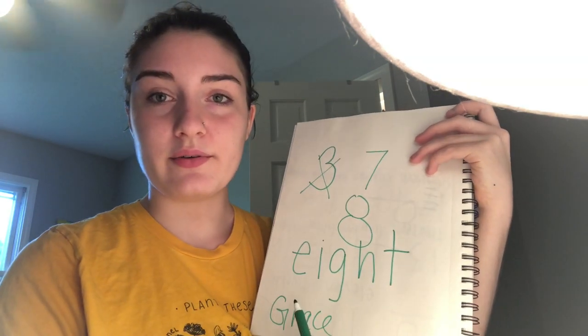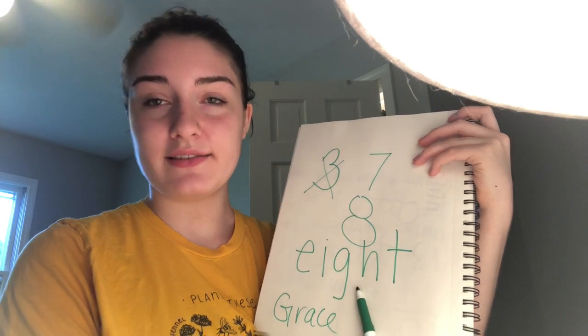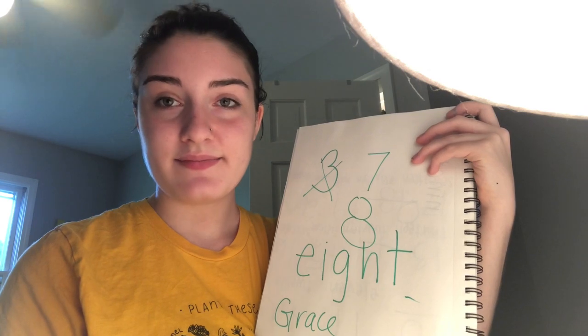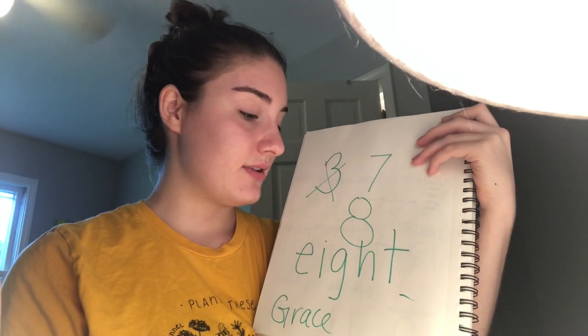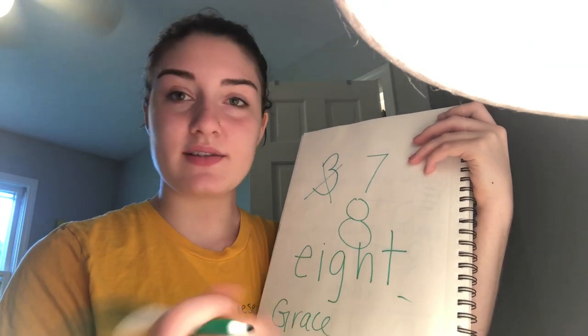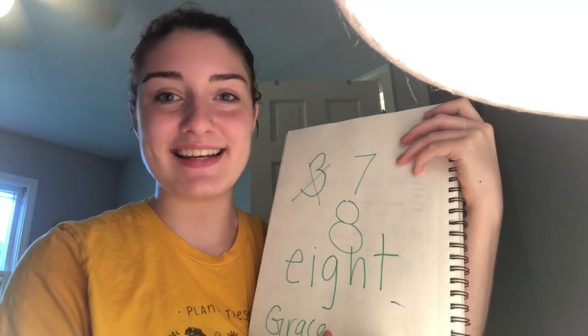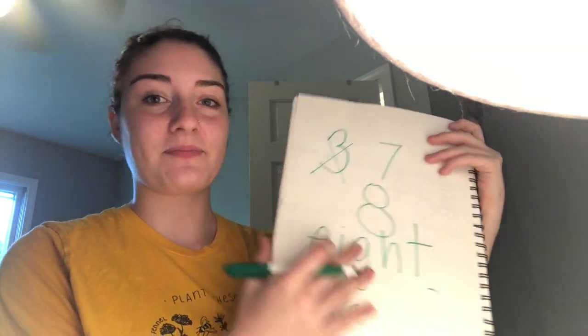So in the spelling of the number 8, the letter G is silent. So 8 is just pronounced like I ate a bagel, except it's the number instead. They're just spelled differently. Okay. Now we're going to move along to what comes after 10.